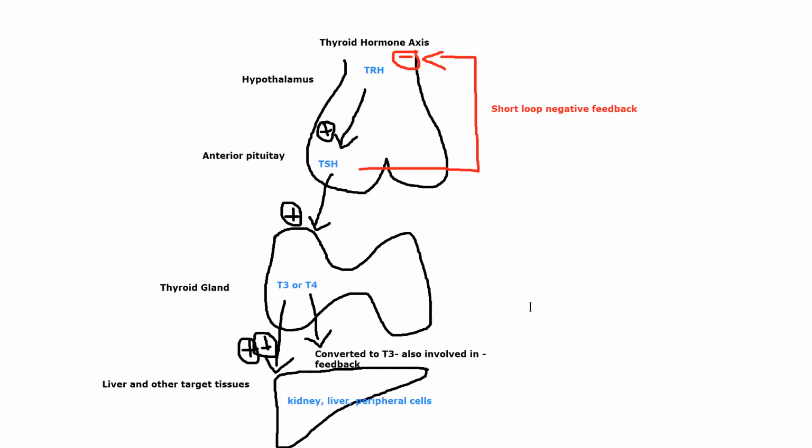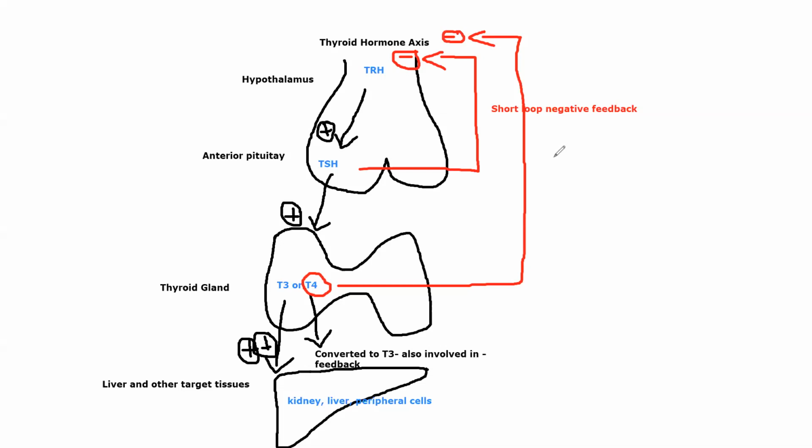And then we also described a long loop negative feedback, which is basically coming from the actual third hormone here. So from the thyroid gland, T4 specifically, so I'm going to circle T4. T4 specifically is what is doing the negative feedback here. And it is going to go back again to the hypothalamus and influence the hypothalamus to turn off its production of TRH.